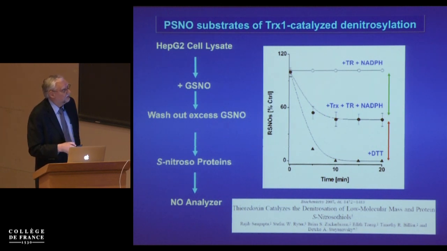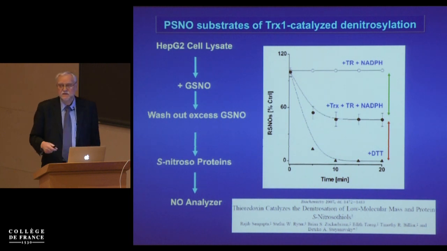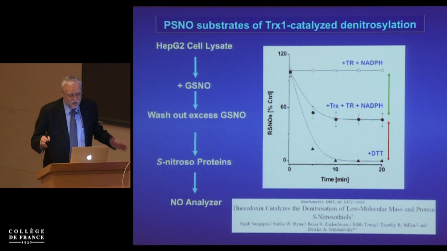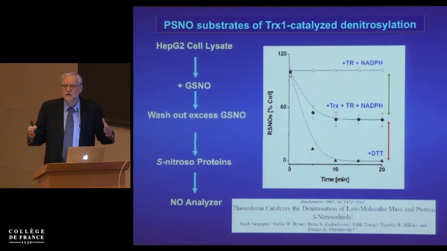It requires thioredoxin and the full system here. And thioredoxin is responsible for about 50% of denitrosylation of proteins. And nitrosylation of proteins controls, for instance, caspases and cell death. And thioredoxin is a molecule that can transnitrosylate.